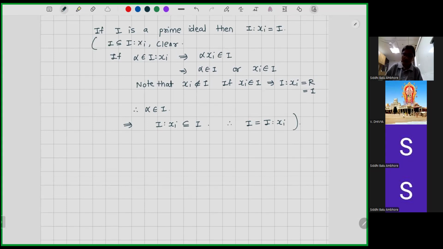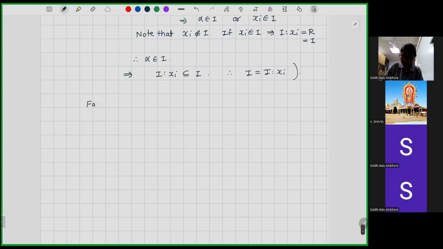So now we have these facts. You can check this also; it's not difficult, based on the definition of monomial ideals and how we define GCDs in polynomial rings.